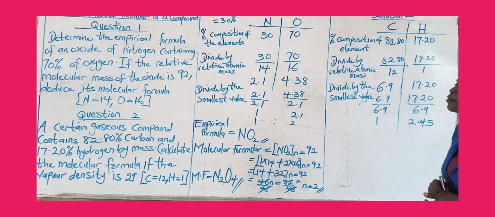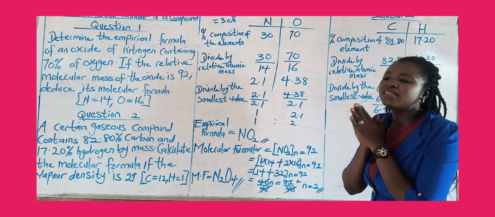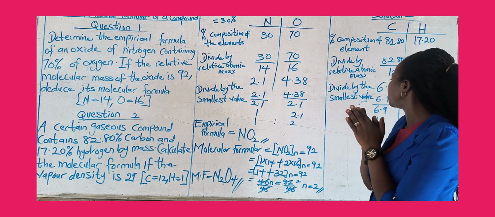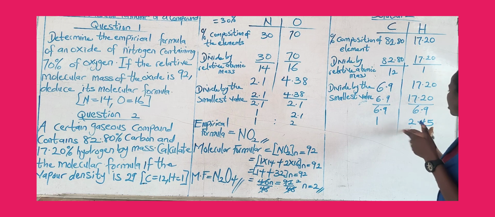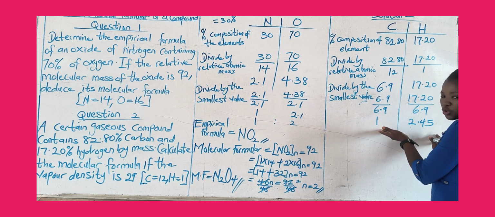And you know, for the empirical formula, we have to get the simplest mole ratio. So we cannot have the empirical formula as 1:2.5. We need whole numbers. What do we do?